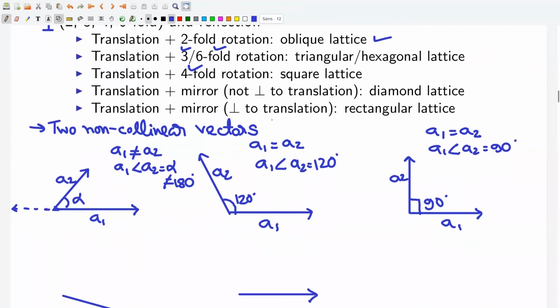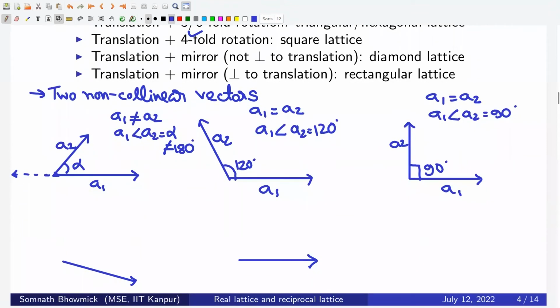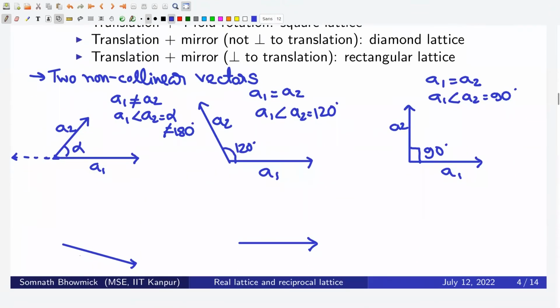Now let us combine translation and mirror. Again, we take the first vector along this direction, and we put a mirror plane which is not perpendicular to this vector. Because of this mirror plane, this vector gets reflected, and I get another vector here, which already gives me the second vector that is non-collinear.